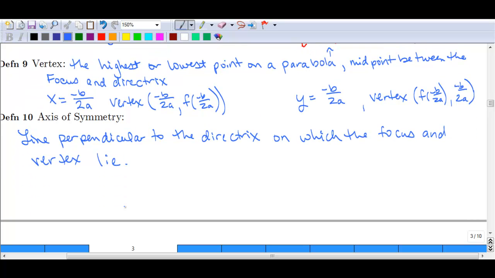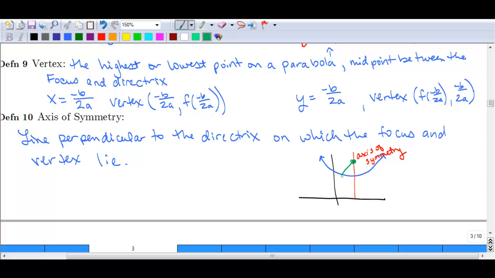So again, if we kind of tried to think about this in picture format, and I'll just draw a typical upright parabola. If we have a parabola like this, our axis of symmetry would be here. Our focus here, if we're trying to think about this, our focus would lie somewhere here.